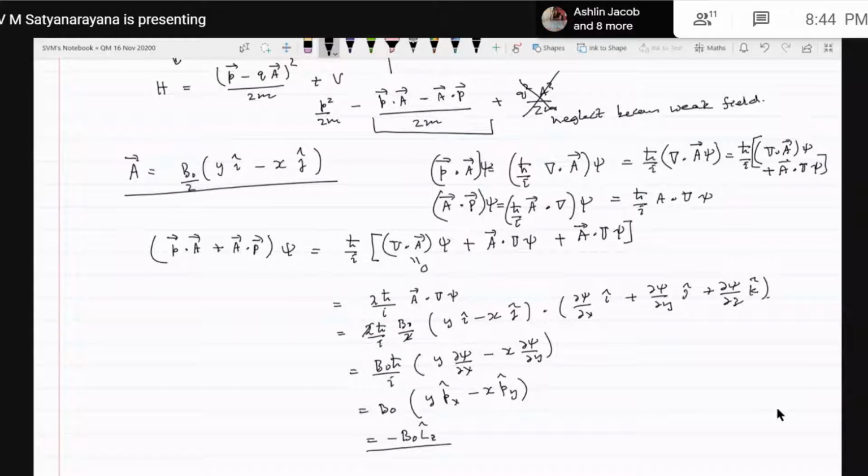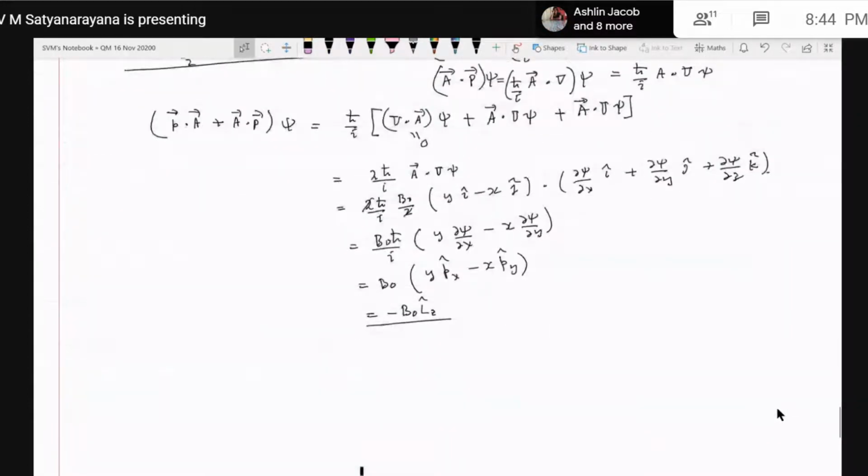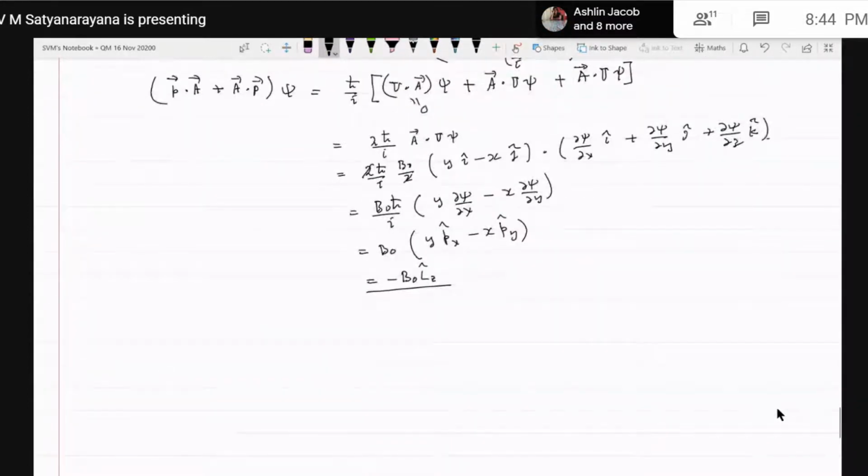Now you can see that in this harmonic oscillator, the potential is half k r square. That means this is a central potential, which means the angular momentum is conserved.